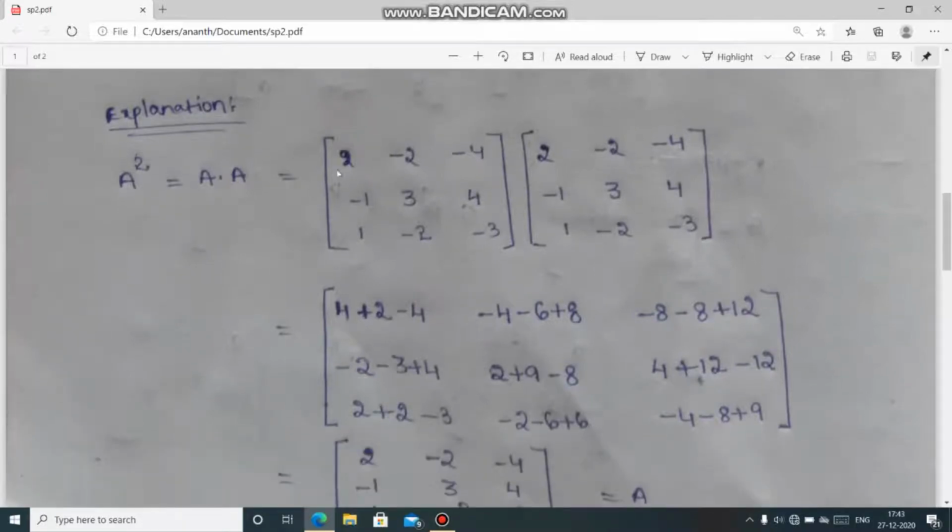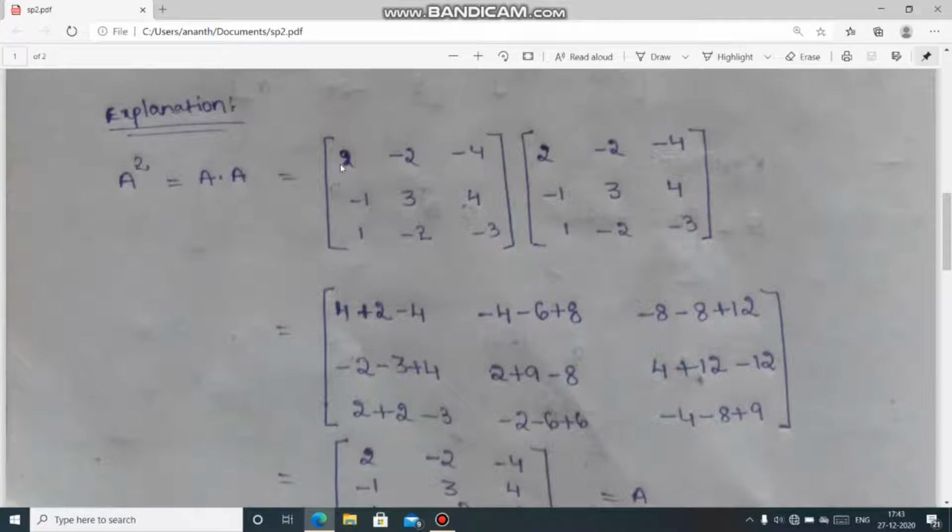Now we have to multiply these both matrices. This row multiplied with this column, we get 2 into 2 is 4, and minus into minus, plus 2 ones are 2, and minus into plus, minus 4 ones are 4.